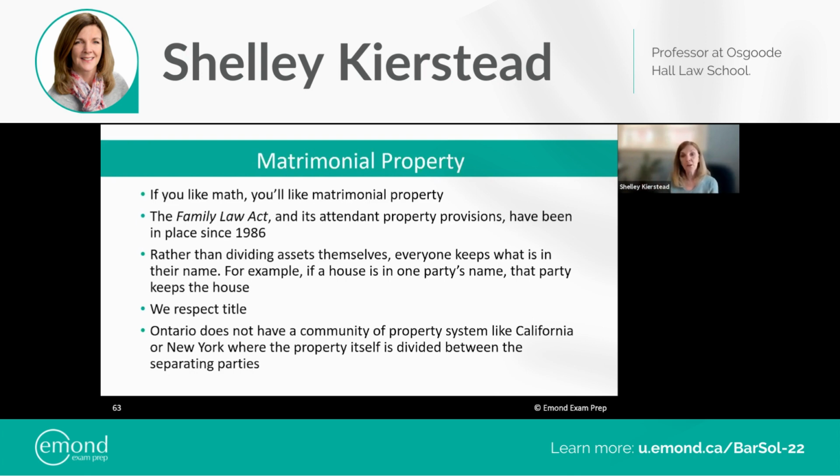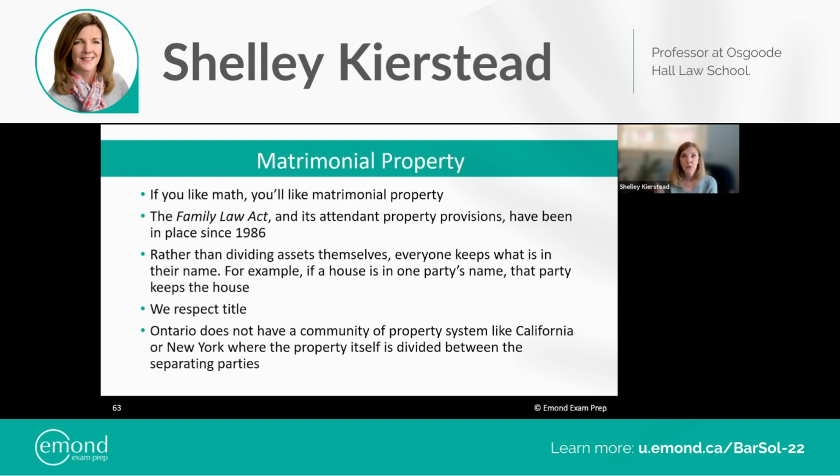What we're going to be going through is a tallying exercise where we calculate what we call each party's net family property, and it's really their net family property value. And we get a numeric result for that. And we compare that to the other party's net family property value.